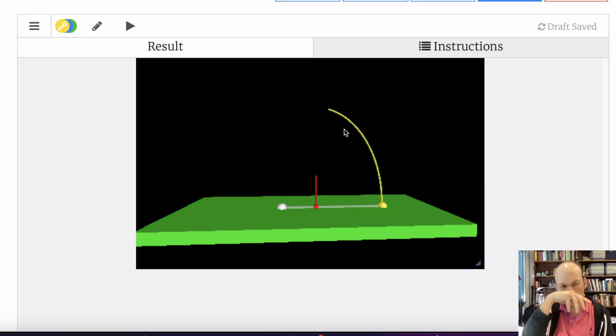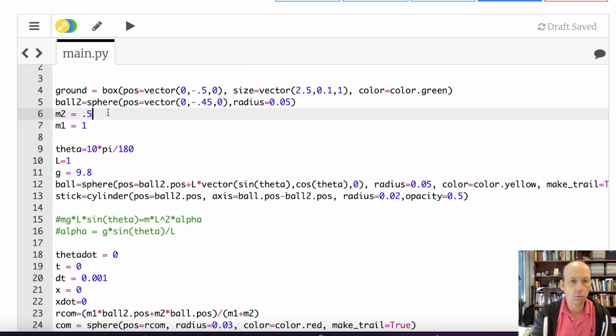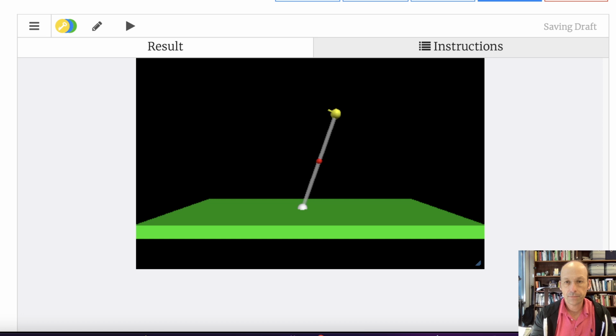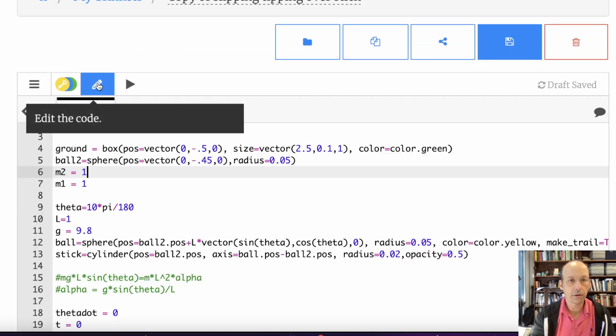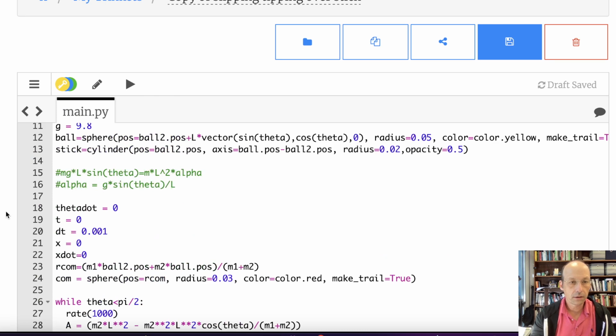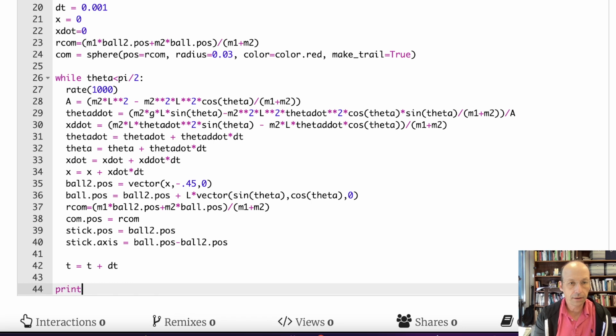One thing I should do is, let's do this real quick. Let's switch this back to 1. Did I print out the time? No, it didn't. Let's print the time it takes to tip over. Down here, I got T, I just didn't print it. Okay, print T equals, T, seconds.